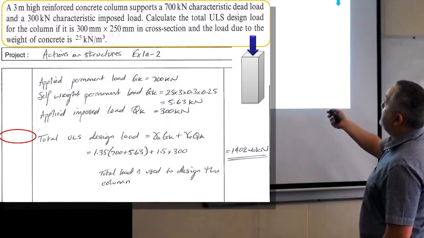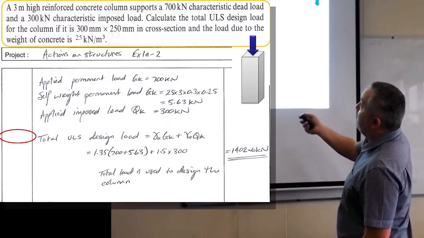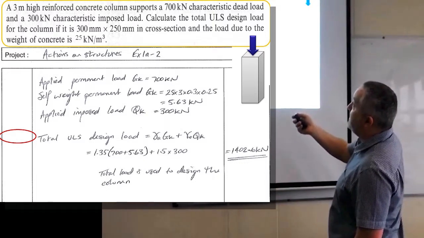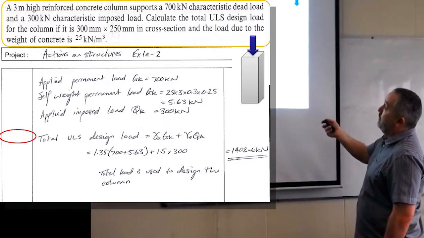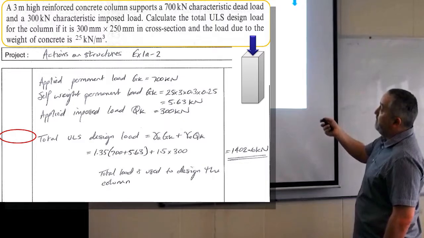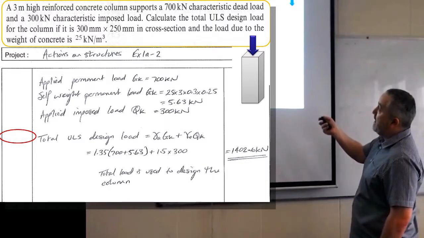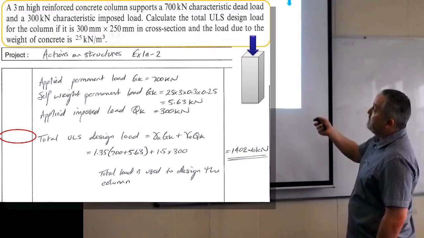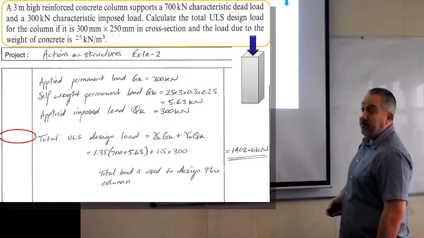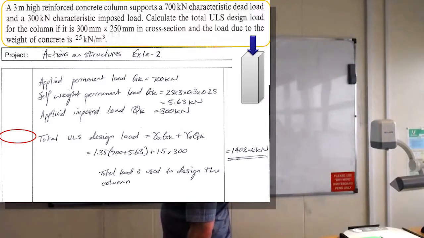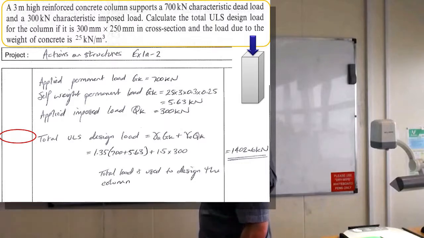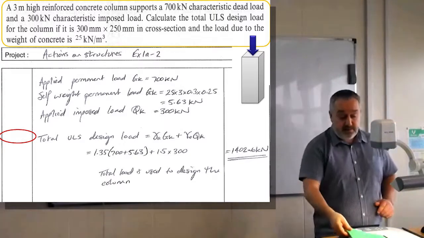So to change that 25 kilonewtons per metre cubed into kilonewtons, we've got to multiply by the volume. The volume of the column is 3 metres times by the cross-sectional area. So that's 3 times by 0.3 times by 0.25, that's your volume. Then we've got our imposed load. We're told that the imposed load is 300 kilonewtons. So we've got our characteristic loads.